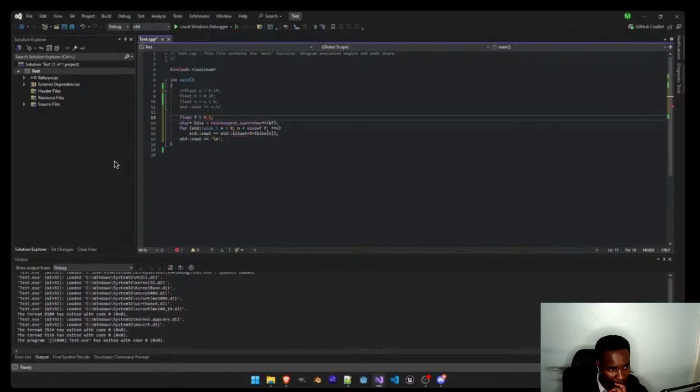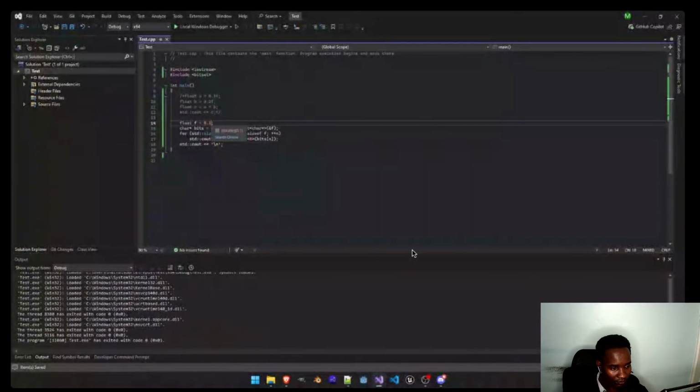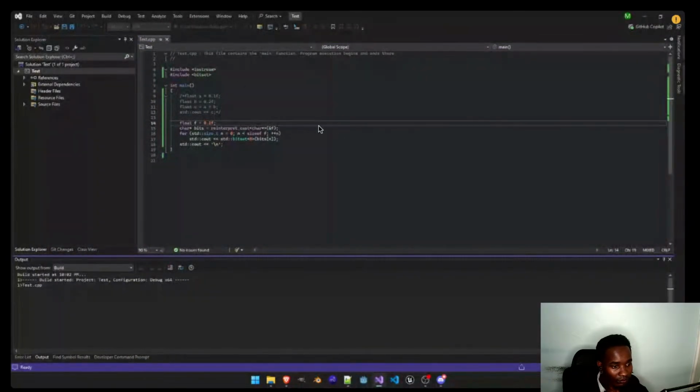Since we're looking at 0.1, I'll just do that, and then it's set. Okay, so what this is doing is converting this float that we have here, 0.1, into the binary value that is now stored in our machine. Okay.